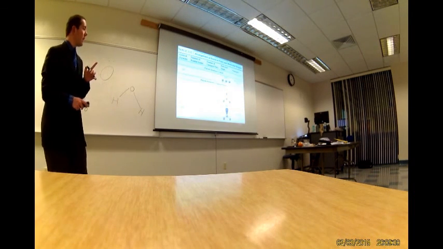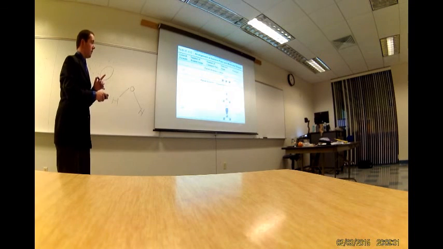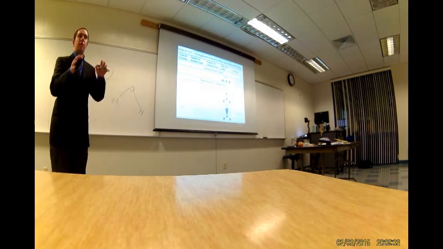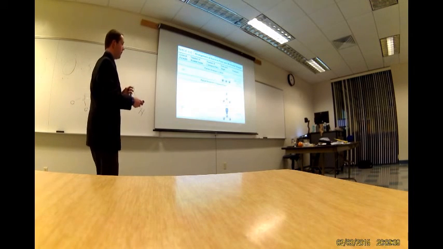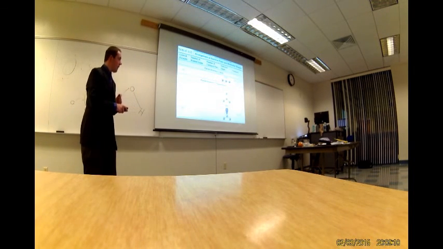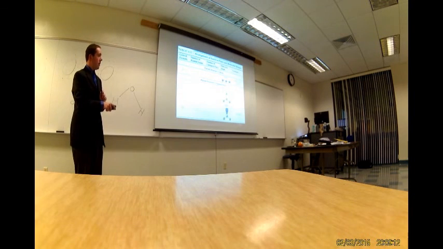Trigonal planar, and since they are all atoms, your shape is the same as your parent structure. So your shape is trigonal planar. But if one of them is a lone pair, you erase your electrons, and you just get that bent shape.